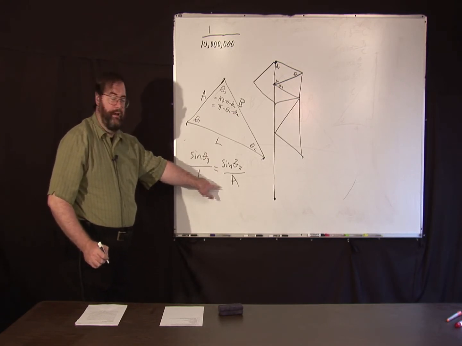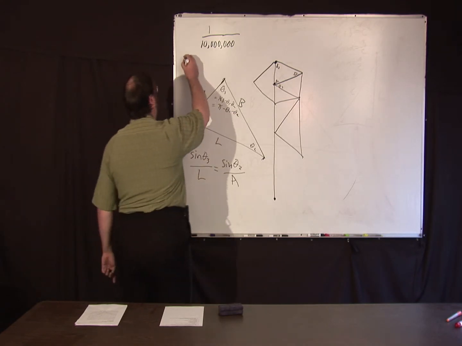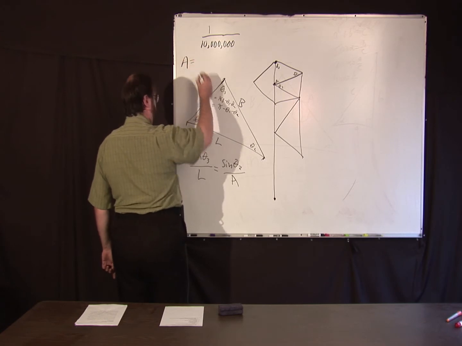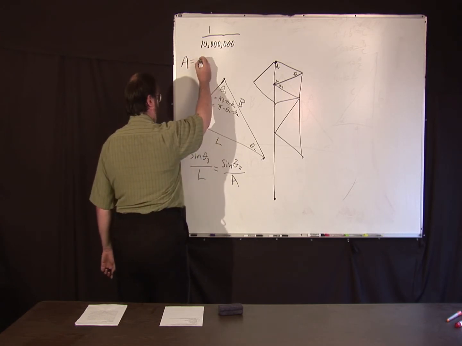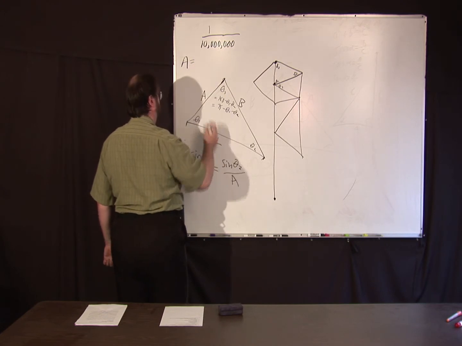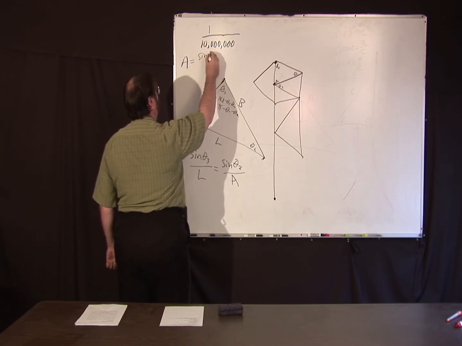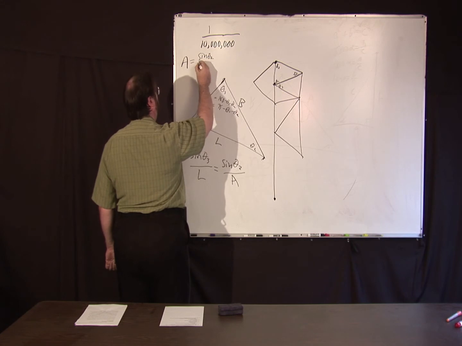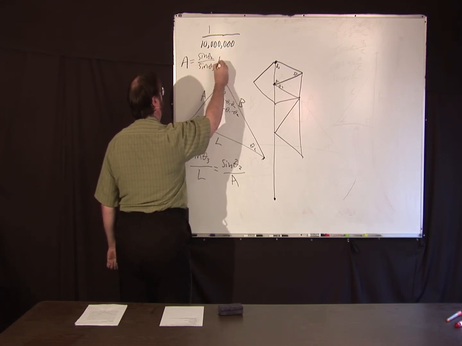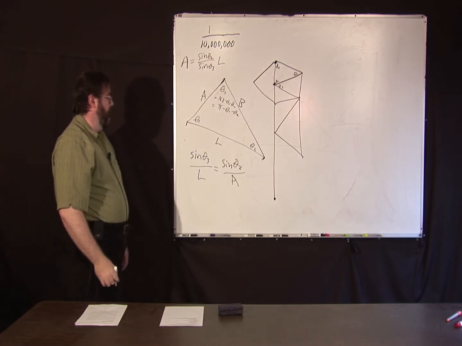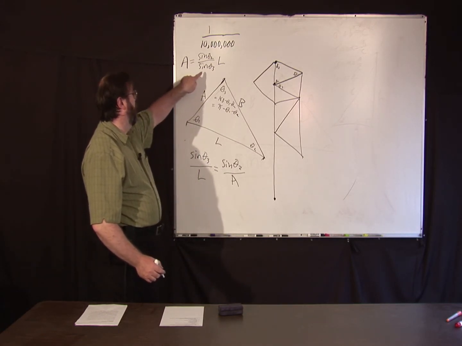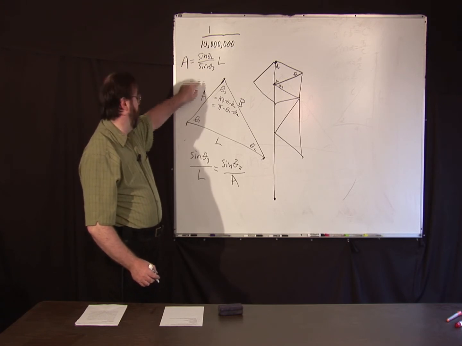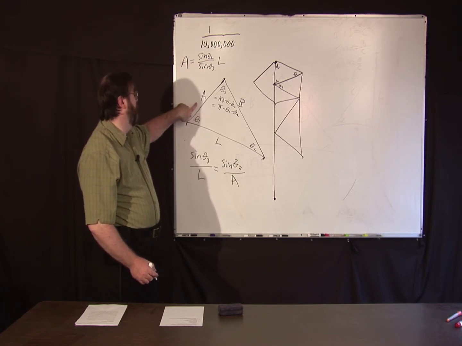We can solve for A. A equals sine theta 2 over sine theta 3 times L. Okay? So this is your measurement equation for the length of this side.